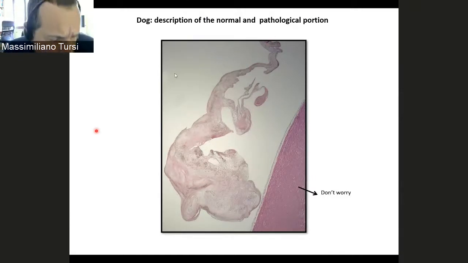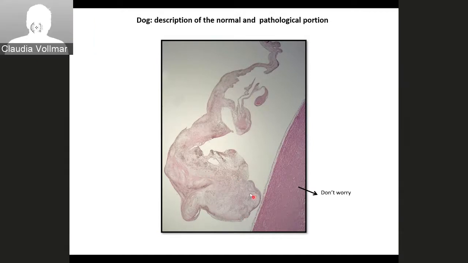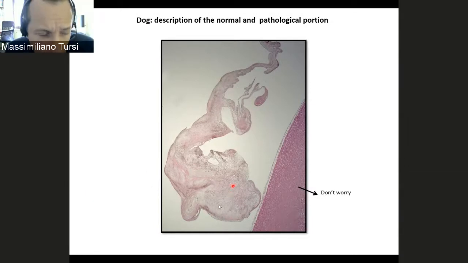And Claudia, why does the degeneration start here? Because there are more shear forces. Yeah, because of the coaptation. There is much more coaptation of the leaflet.